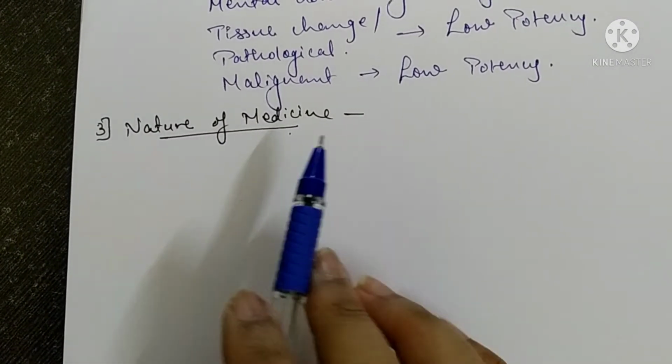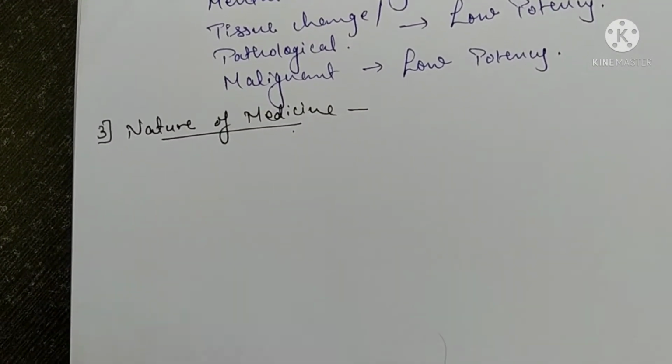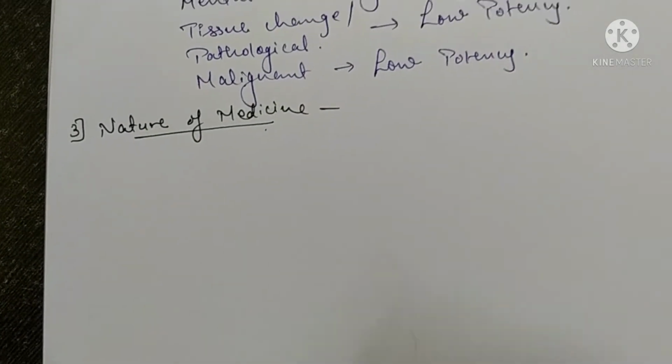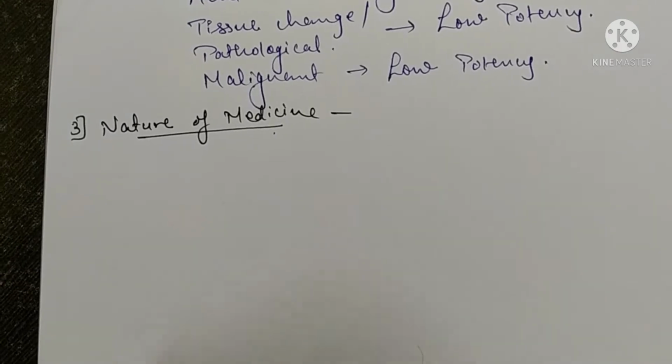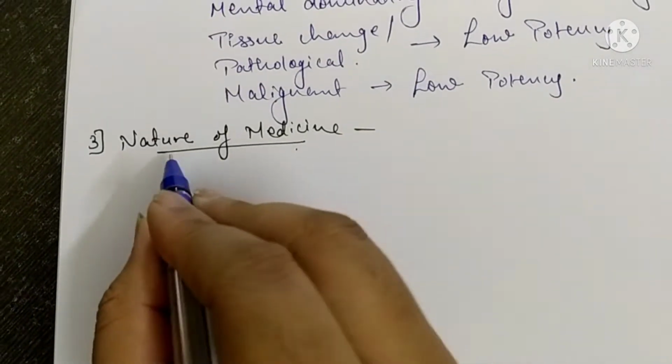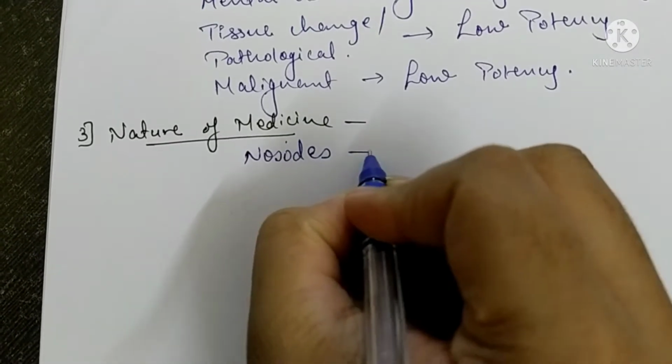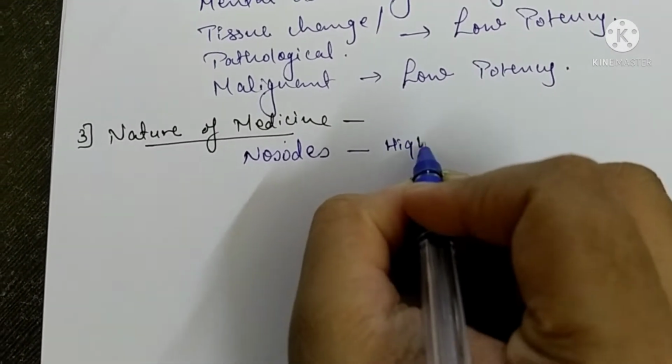Now, the nature of medicine. Nature of medicine means whether the medicine acts on an organ or is a superficial acting remedy. For superficial acting remedies you will always give a higher potency, and in nosodes you will give a high potency.